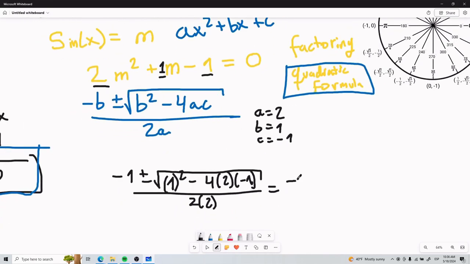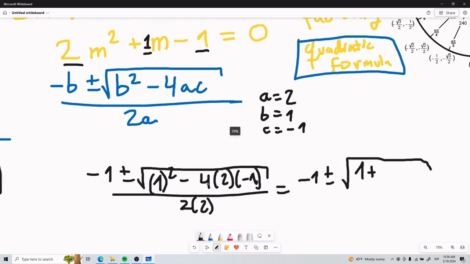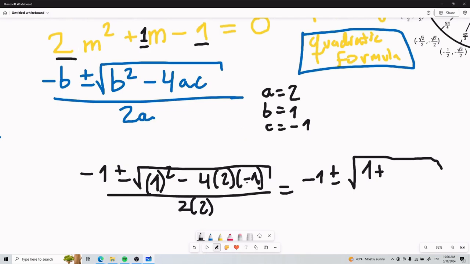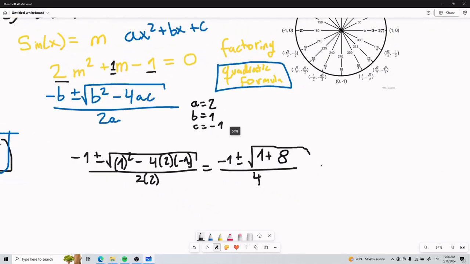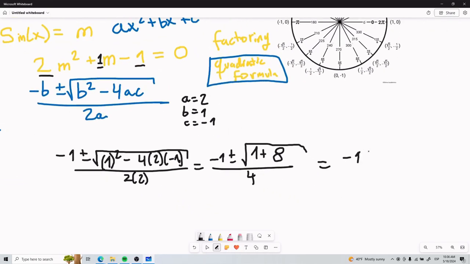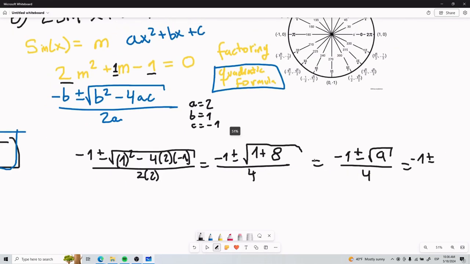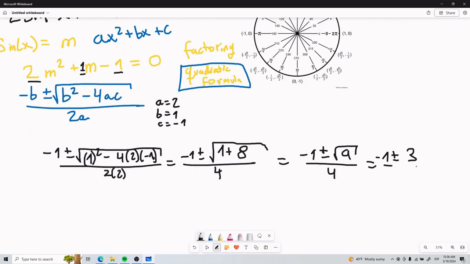So this ends up giving negative 1 plus or minus square root of 1 plus, so it's 4 times 2 times negative 1, so it's plus 8, divided by 4. So from here you end up with negative 1 plus or minus square root of 9 divided by 4, same as negative 1 plus or minus 3 divided by 4.